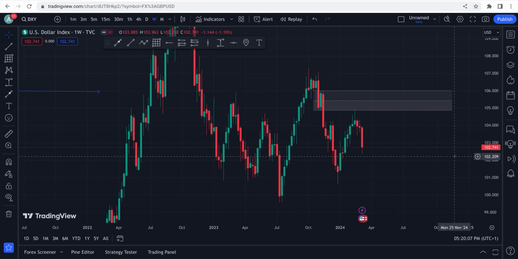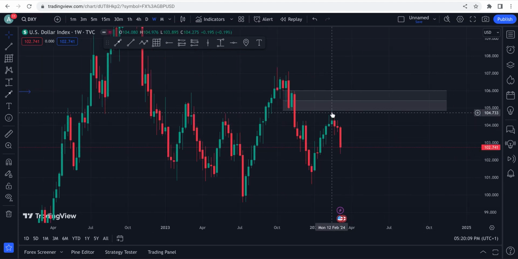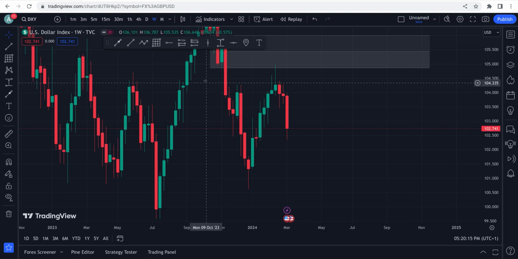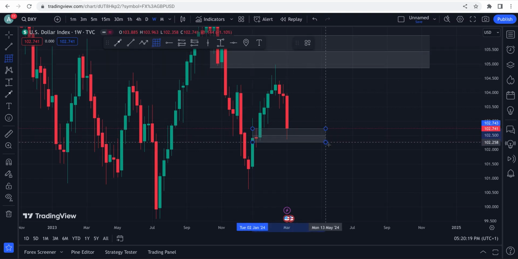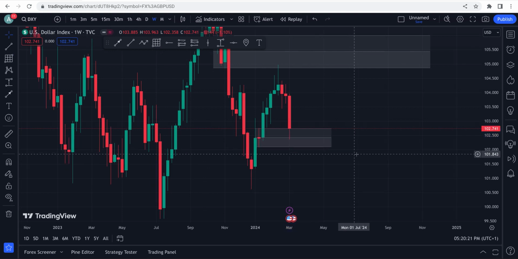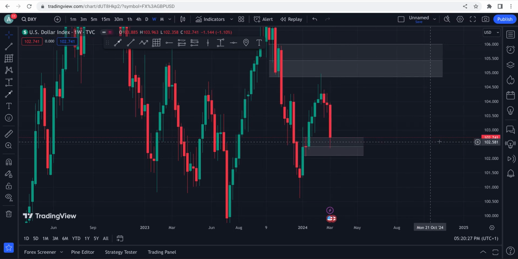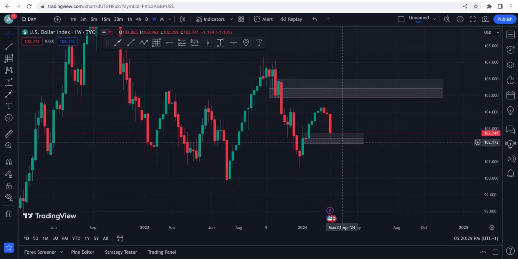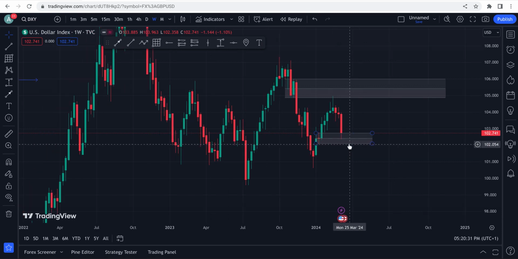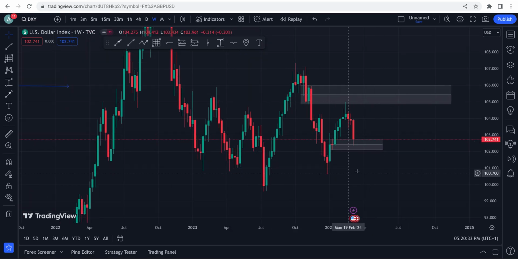Price tapped into this weekly supply zone and reacted, and then it got into this little demand zone. You can see this little demand zone. After the tap at the little demand zone, I can see price react. Yes, I can see a reaction in this little demand zone on the weekly time frame on DXY.